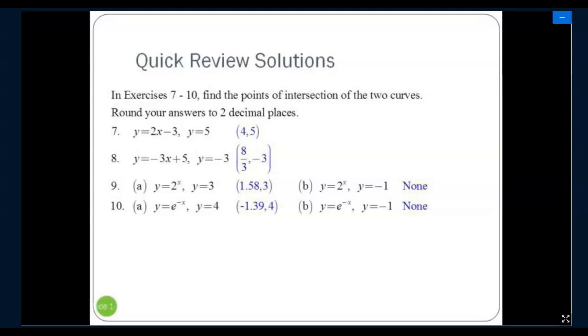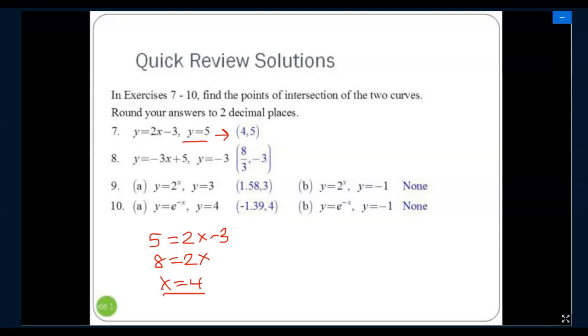You get y equals 2x minus 3 when y is 5. So that means that 5 equals 2x minus 3, or that 8 equals 2x, or that x equals 4. X equals 4 when y is 5, hence the point 4, 5.